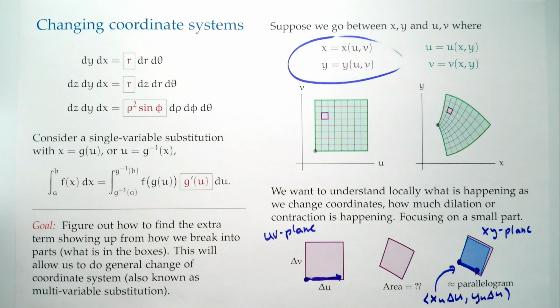What's happening here? Well, it's a vector, and what I'm doing is decomposing my change. x depends on u and v, so if I want to know how much x changed as I change u, what's the rate of change of x with respect to u? That's the partial derivative x sub u. What's the amount of change of u? That's delta u. So it's the rate of change in the u direction times the amount of change of u.